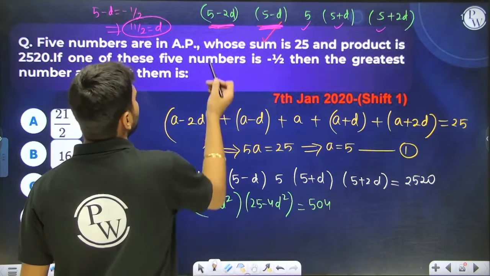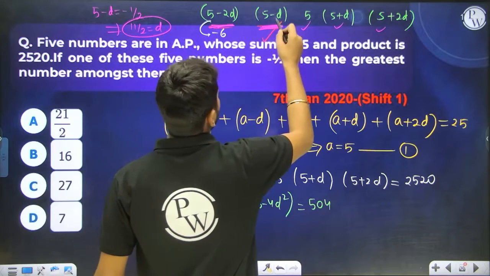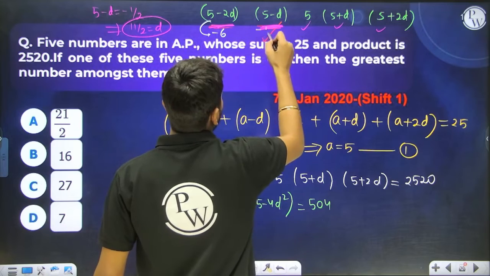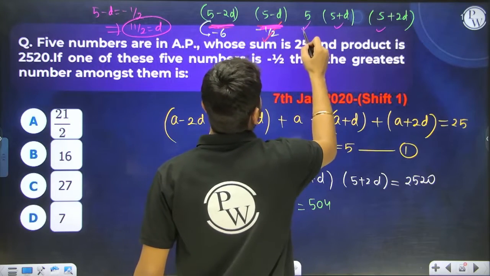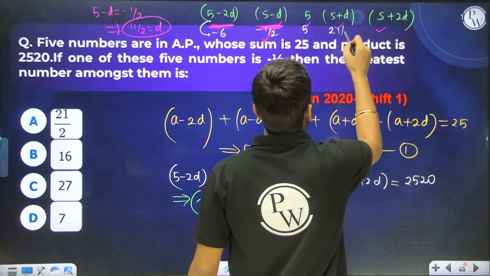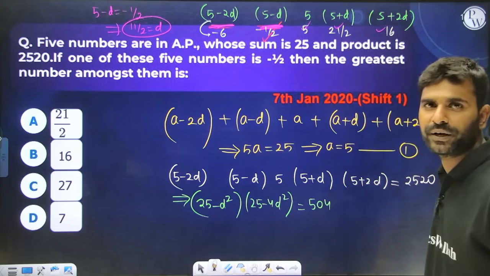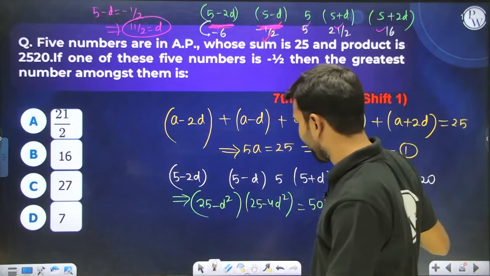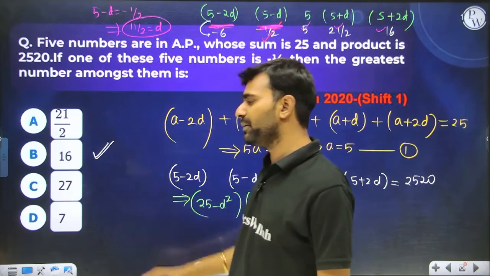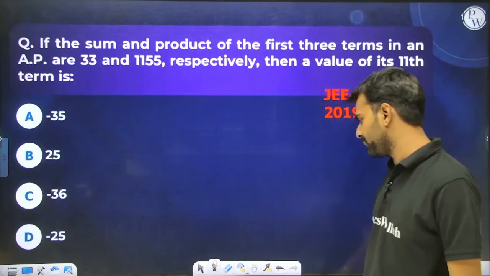So d's value is 11 by 2 means this is minus 6. If d's value is 11 by 2 means this is minus 1 by 2. If d's value is 11 by 2 means this is how much? This is 21 by 2, and this is 16. So what is the greatest number coming over here? 16. So without even calculating this equation, you can say that B for Bombay is going to be the correct answer. I hope you understood this particular thing.